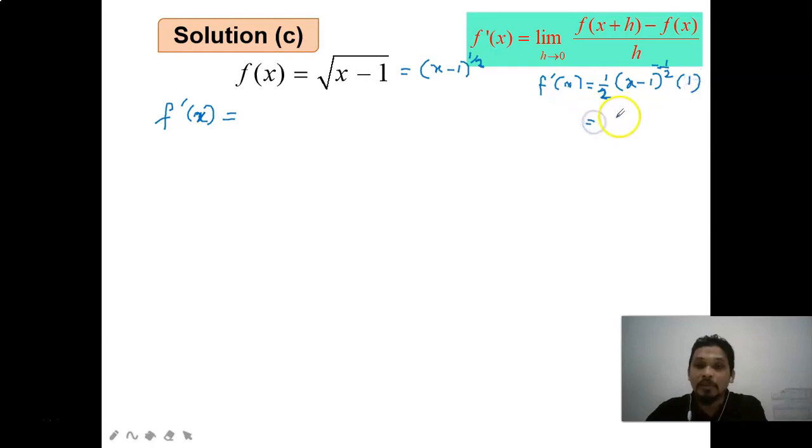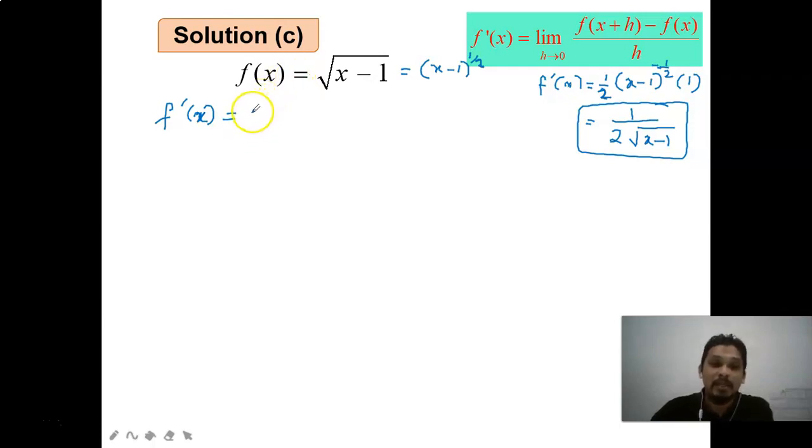Then it is equal to 1 over 2 (x minus 1) to the power of negative half, then it comes up with 1 over 2 square root of x minus 1.